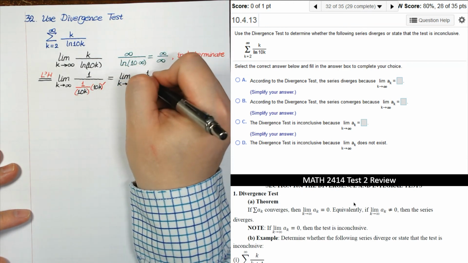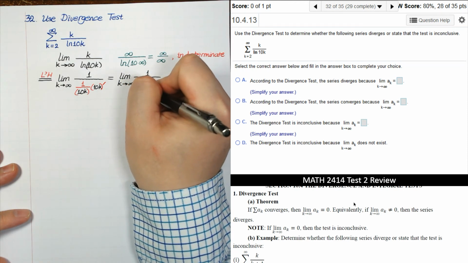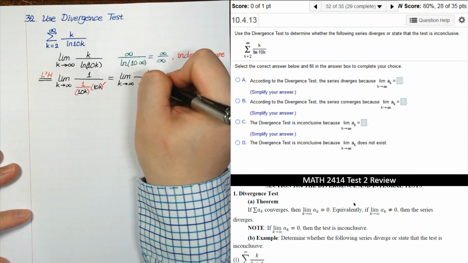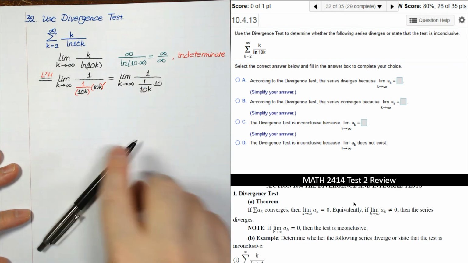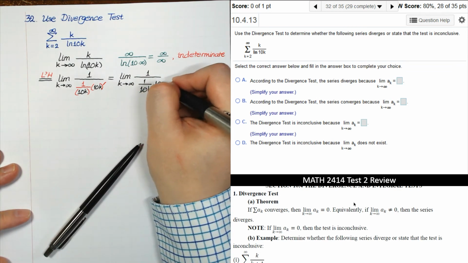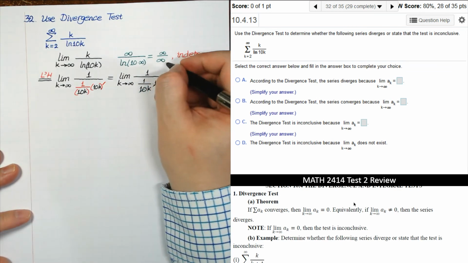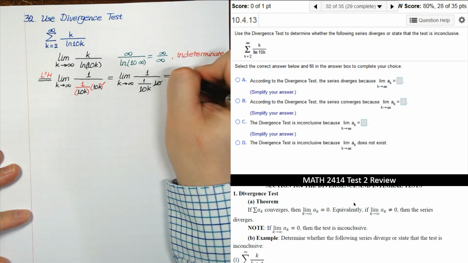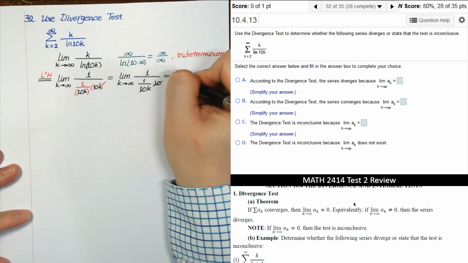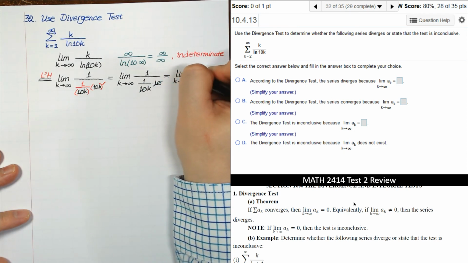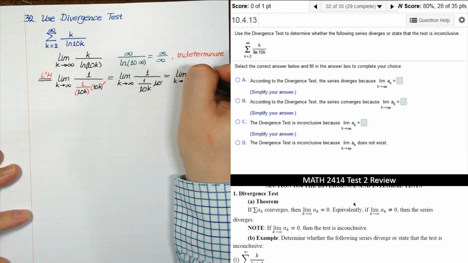Right, 1 over 10k. The derivative of 10k is 10. 10 and 10 cancel out. We just have 1 over 10.